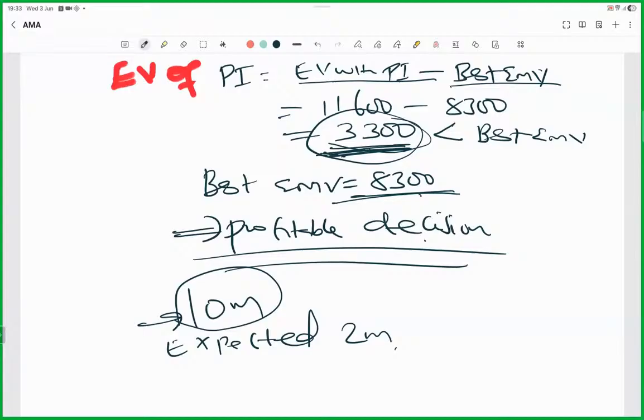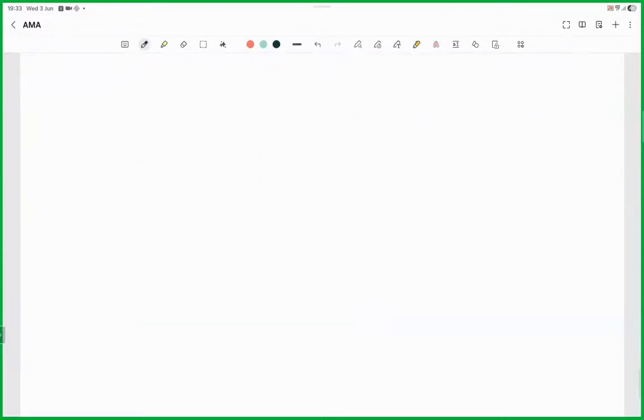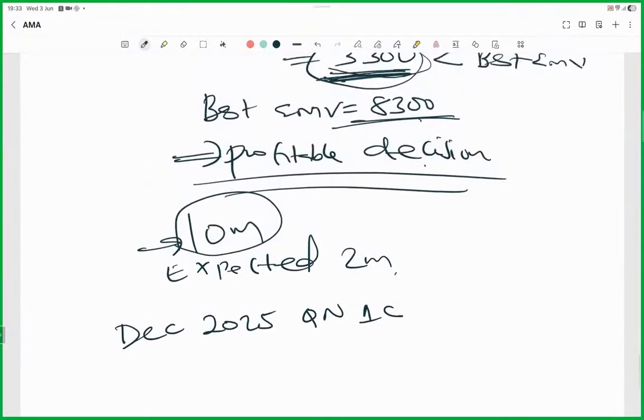Then there is this question of junction, which was tested in December 2025, question number 1C. Let me go back to the maxi. It was not in class, eh?